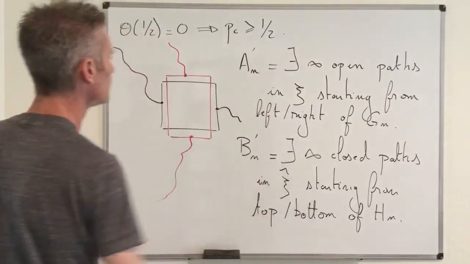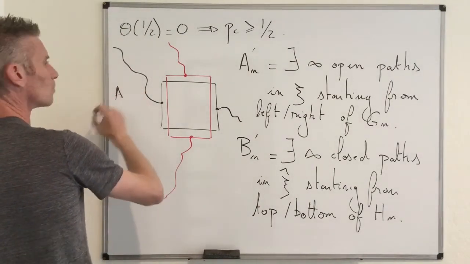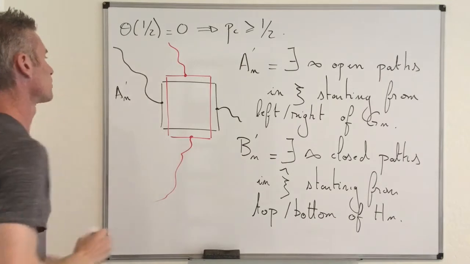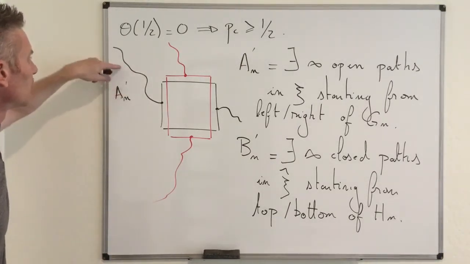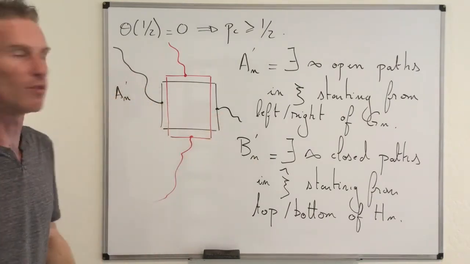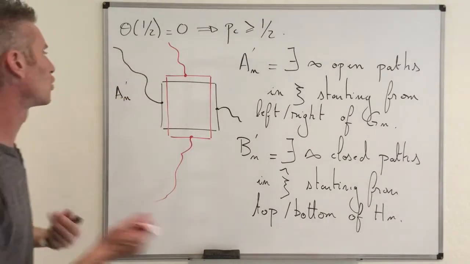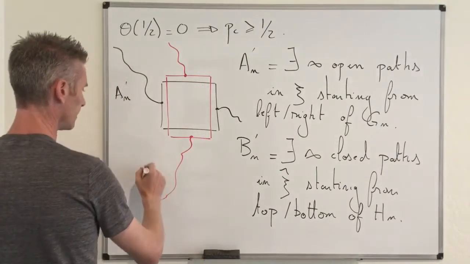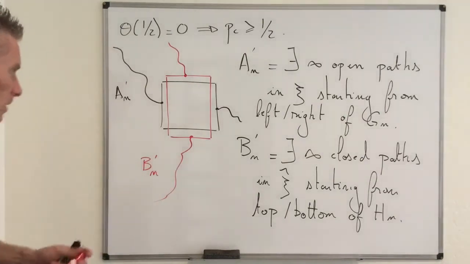To save space, I'm just going to keep the picture and write the event here. So we have An prime here, that's just a picture of An prime. Remember that this event is dealing with open path, while Bn prime is dealing, in red, with a closed path. So here we have a picture of Bn prime.